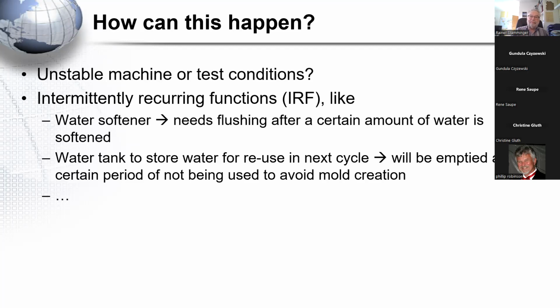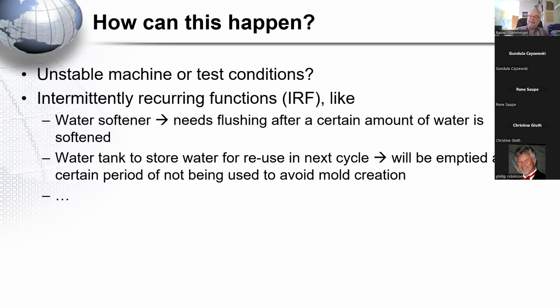I have, let's say, thought of two intermittently recurring functions, which we have already today in washing machines. The one is that there are washing machines which have a water softening device in. This takes out the calcium, magnesium from the tap water, and delivers soft water for the washing, which is beneficial for the washing, which is very good.